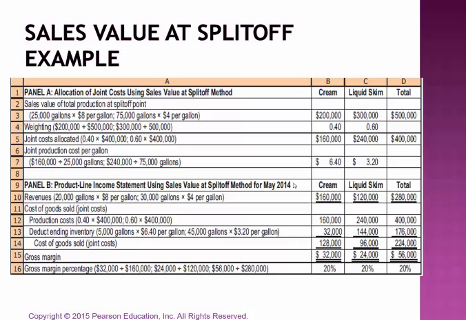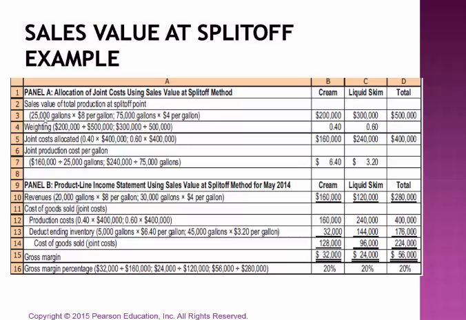All right, if we were to sell all 25,000 gallons of the cream that we've produced and all 75,000 gallons of the liquid skim, then our revenues for those would be $200,000 and $300,000. If you add those two together, that's a total revenues of $500,000, or a total sales value of $500,000.